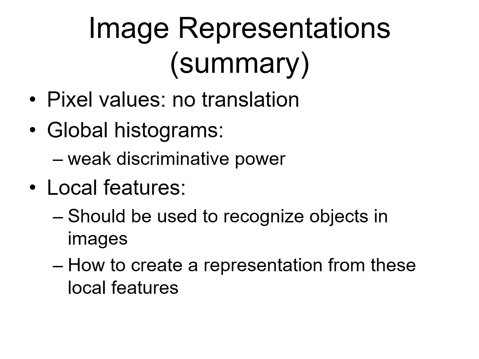You can do it globally, like the histogram we showed, or you can do it locally. We have already told you about Harris Corner and also SIFT. But you should know that there are many other new descriptors that have been proposed by a lot of researchers.